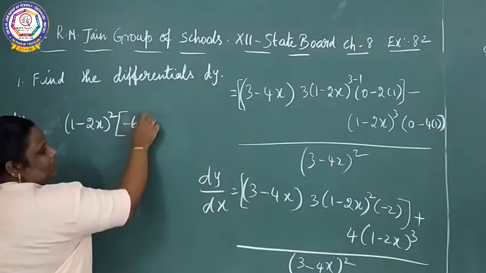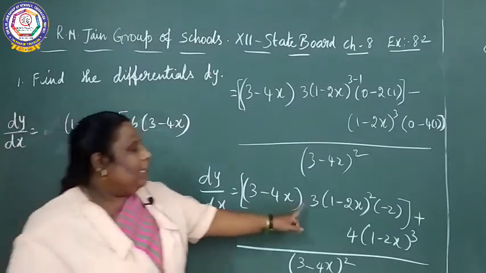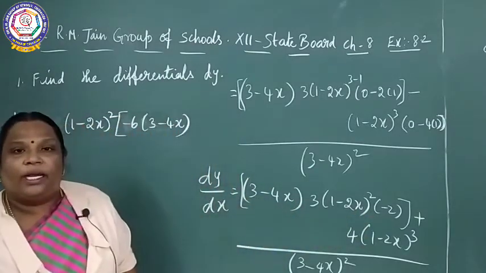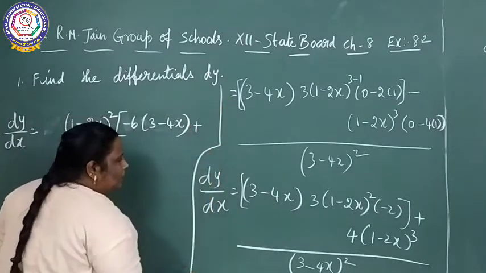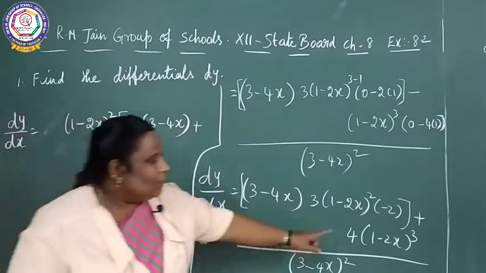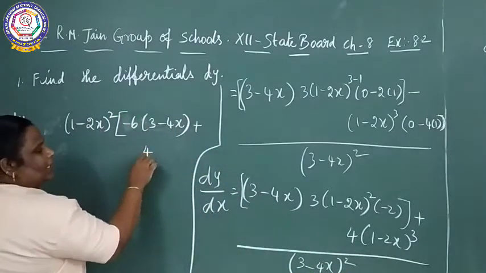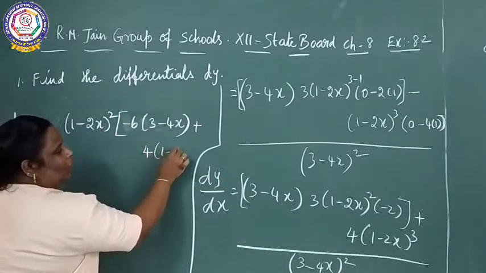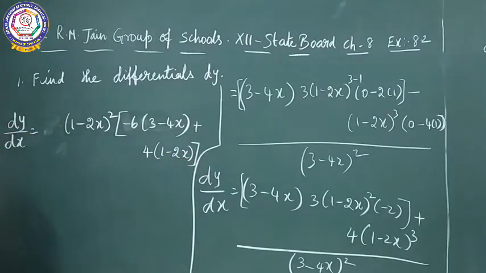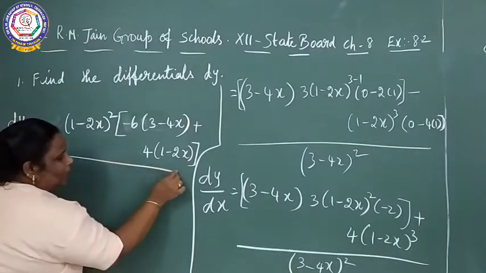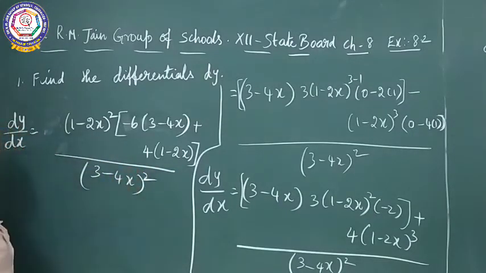Here, plus 6 into... I take only (1 minus 2x) the whole square commonly out. What is the remaining thing here? Minus 6 into (3 minus 4x), plus, here also you can take (1 minus 2x) the whole square out. I will write here 4 into (1 minus 2x) by (3 minus 4x) the whole square.